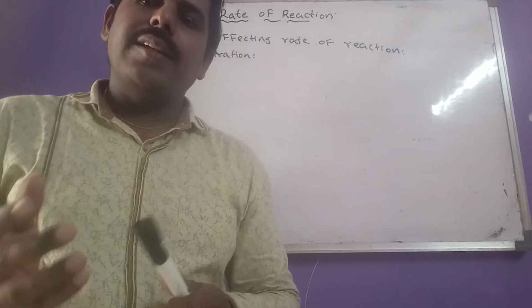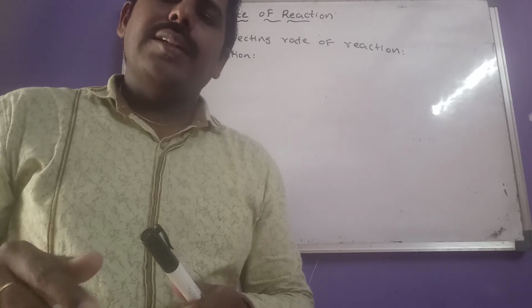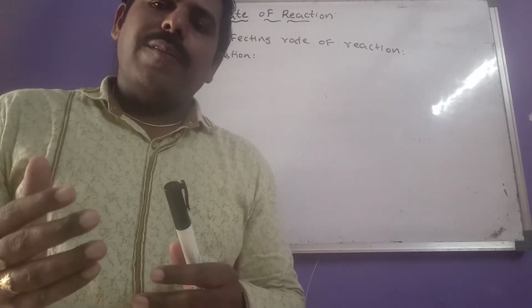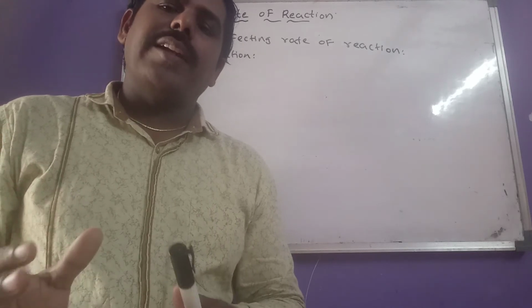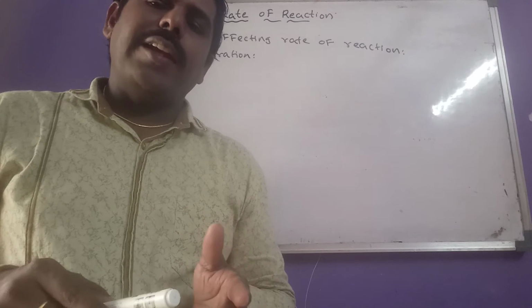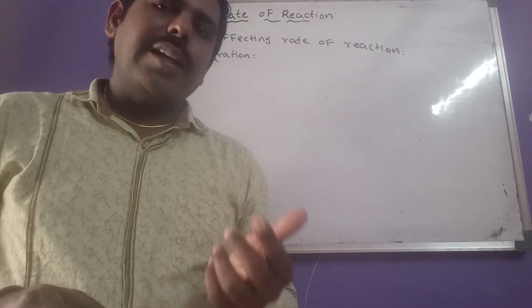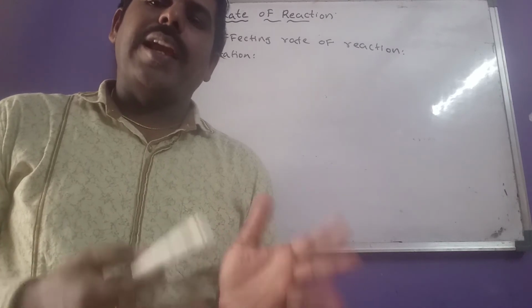That means here the dissolution of the zinc rod we are observing taking place with high speed in the concentrated sulfuric acid. So like that, the rate of a reaction is directly proportional to the concentration of the reactants.